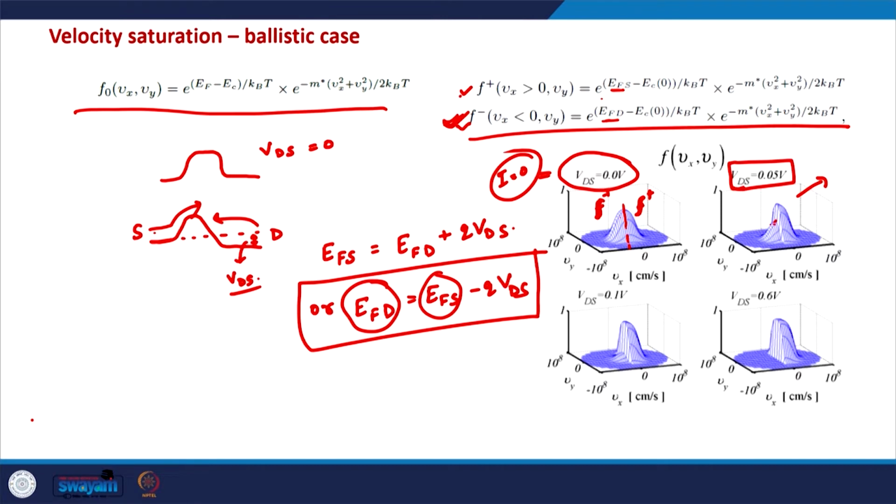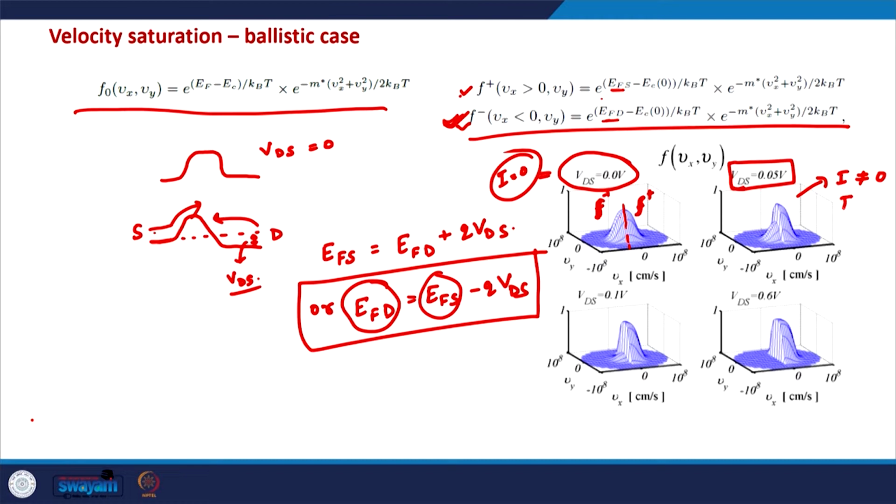Here you can see that in the negative half we see a smaller value, and in the positive half we see a larger value. So which means that now there is a net velocity in the system and there is a net current in the device. So this corresponds to a net current.